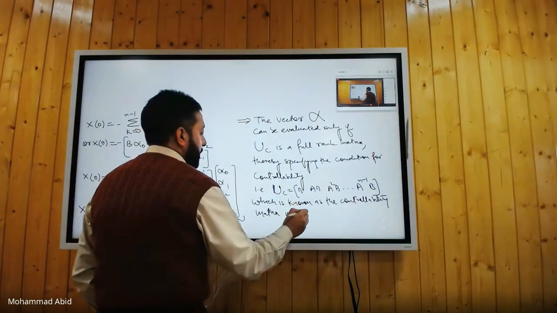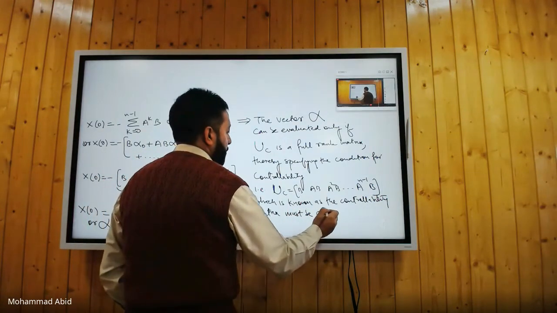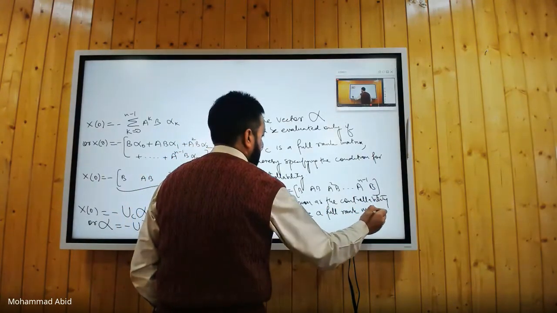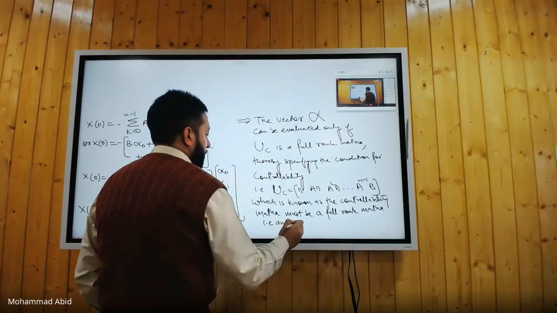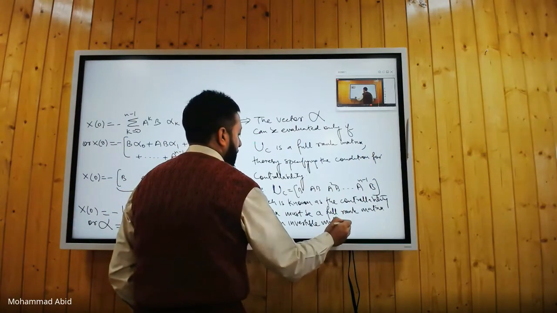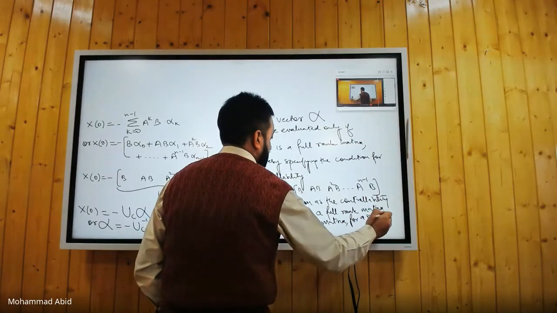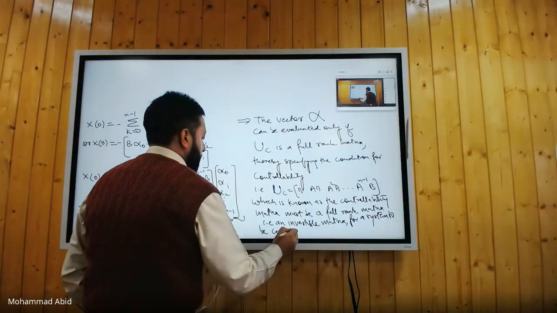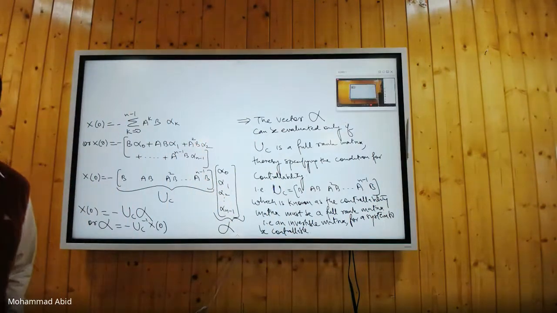It must be a full rank matrix, that is an invertible matrix, for a system to be controllable. Is that okay?